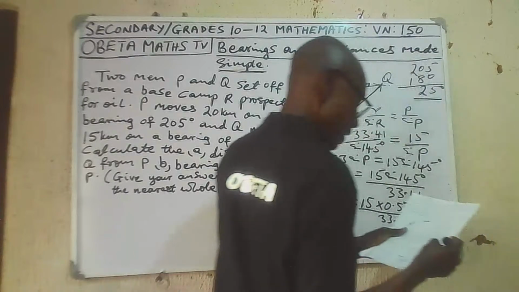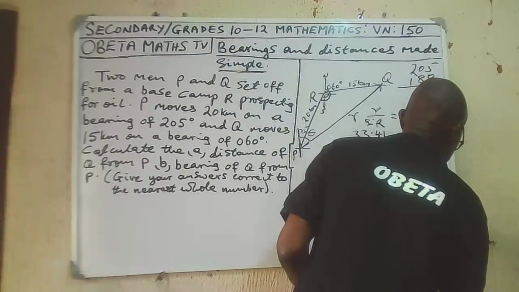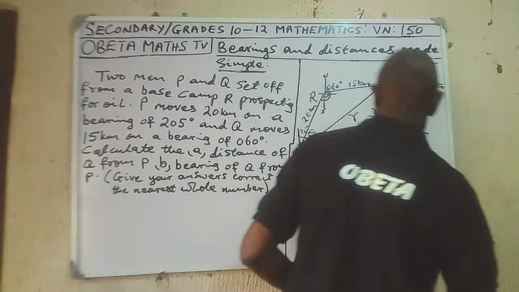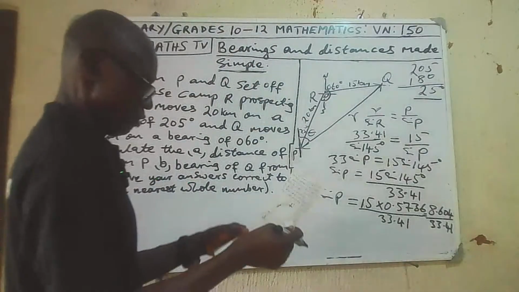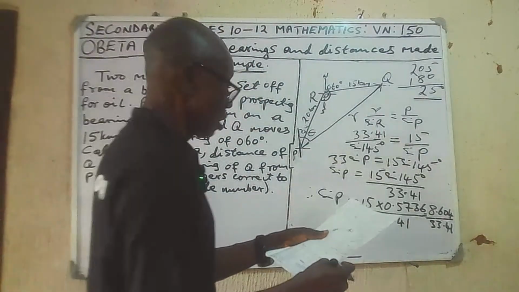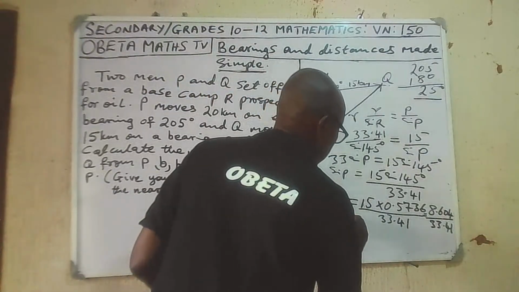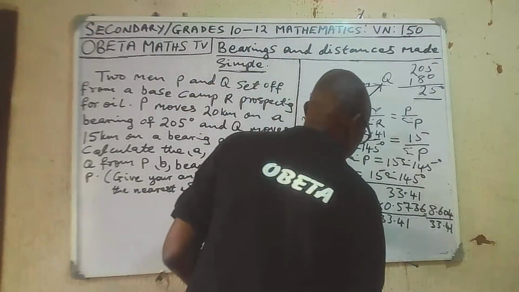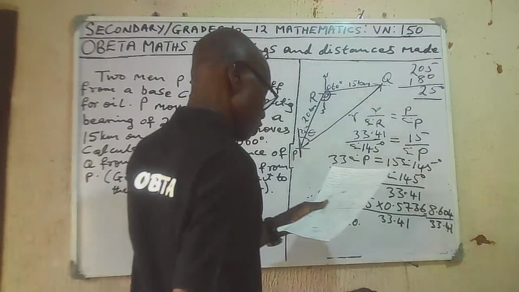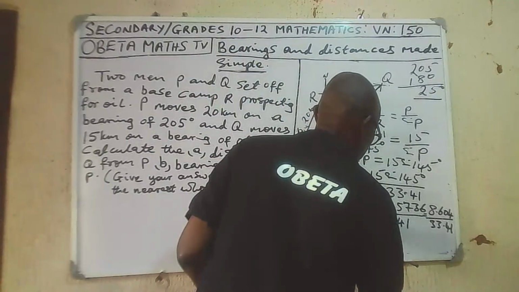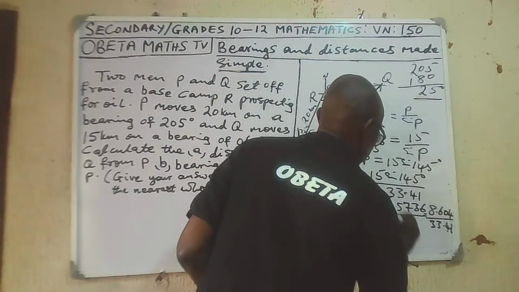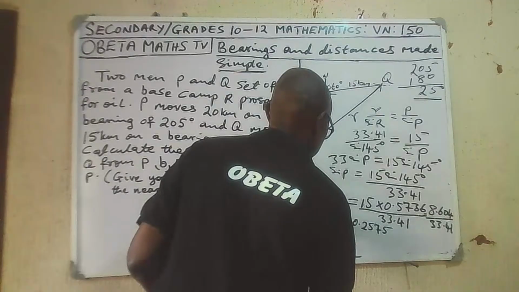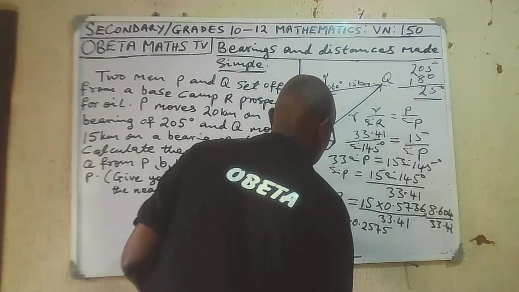We are dividing by 33.41. So if you carry out the division, that will give us 0.2575. So sine P is this.